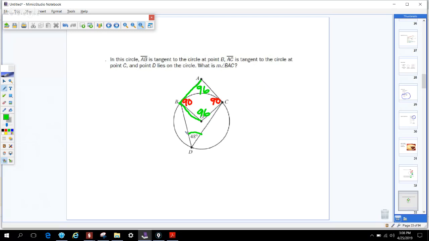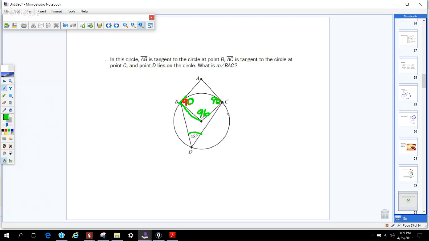Add them all up and then do what? I heard divide. Subtract from what? Excellent. So all you're going to do is add up. This 96 represents the arc, so I'm going to erase it so we're not confused. So you've got 90, 90, and 96.